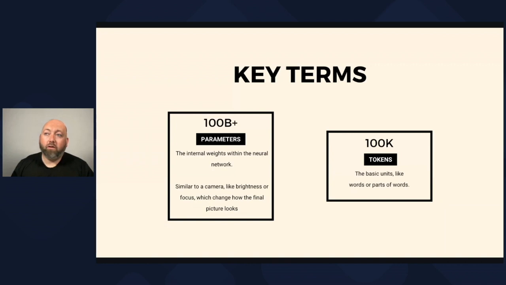And then we have tokens, and tokens are the amounts of, let's just say syllables for argument's sake, the amounts of syllables that the model can understand at any one time. So you can give it 100,000 syllables, and you can say, here's a book of 50,000 syllables, please summarize it in 10,000 syllables, for example. And these are the two biggest terms that you'll hear a lot within the large language model world.